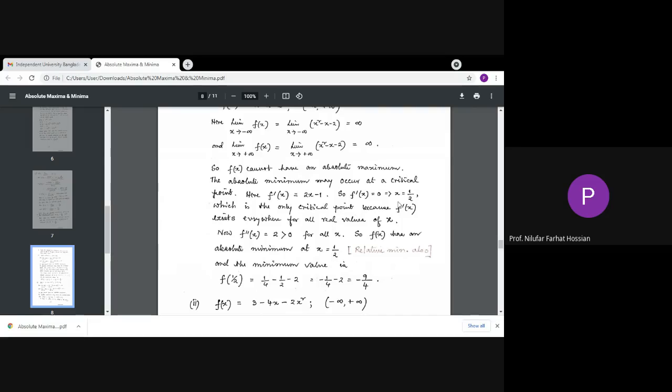If there were other critical points, there might be two relative minimums, and from the two relative minimums you would have to find the absolute minimum. But there is only one point. At this point, if you consider a local interval, it is a relative minimum. And if you consider the whole interval minus infinity to plus infinity, at this point you will get the absolute minimum value.